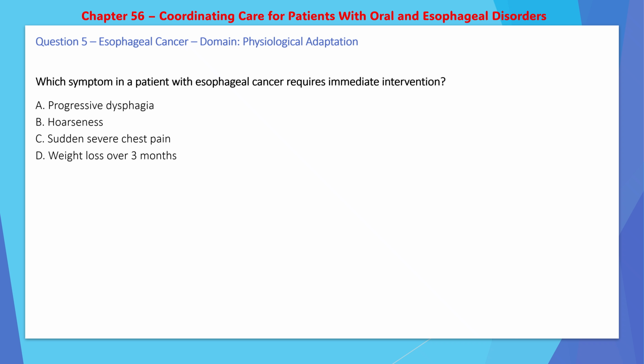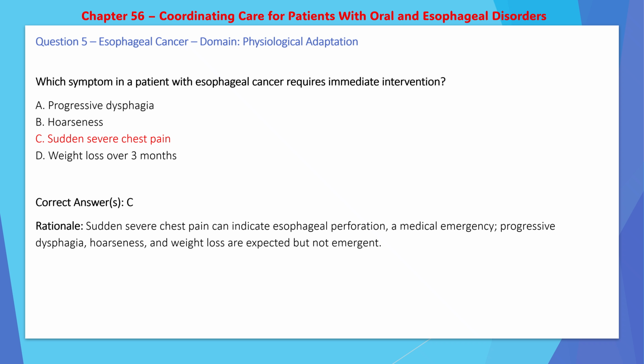Correct answer is sudden severe chest pain, because it can indicate esophageal perforation, a medical emergency. Progressive dysphagia, hoarseness, and weight loss are expected but not emergent.